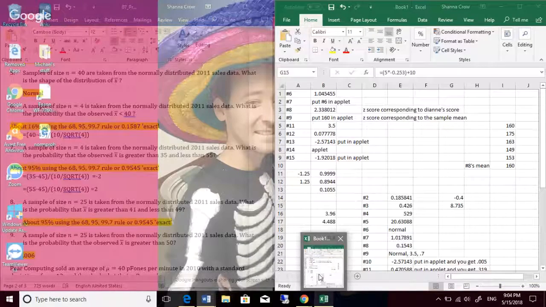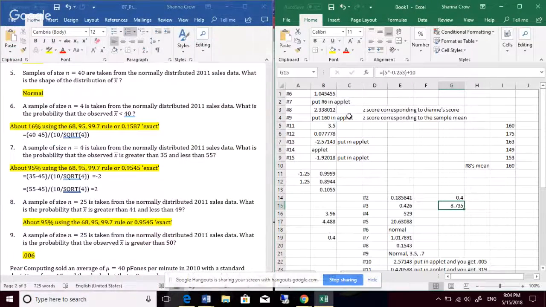A sample of the size n equals 4 is taken from the normally distributed 2000 sales data. What is the probability that the observed population is greater than 40? Yeah.